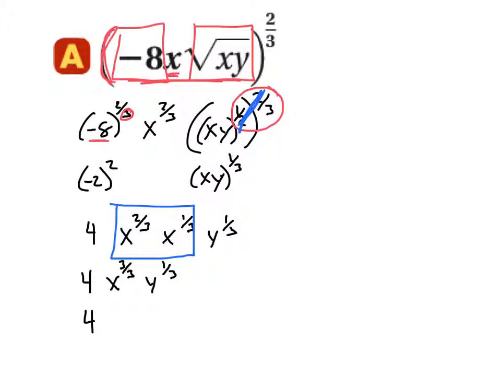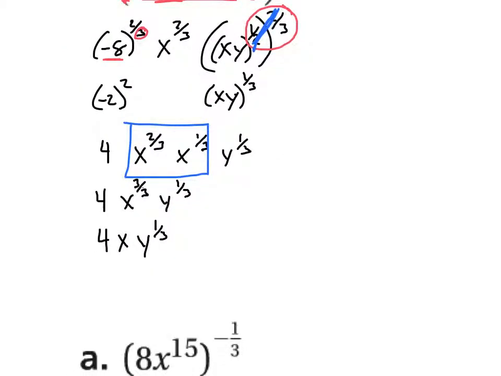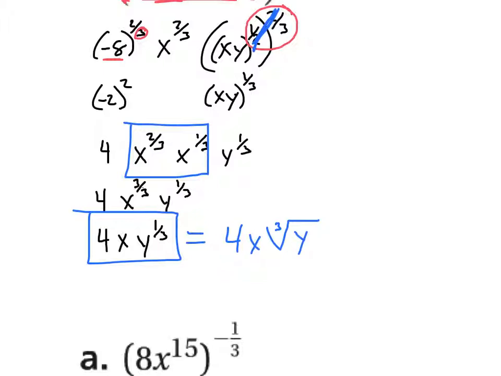So I have 4x to the first power, y to the 1/3 power. 4 times x times y to the 1/3 power. You could also, and the book might write it this way, this is the answer I would be expecting. It is the same thing as if you had written 4x times the cubic root of y. Okay? They mean the same thing.